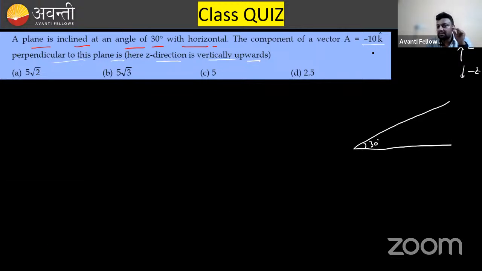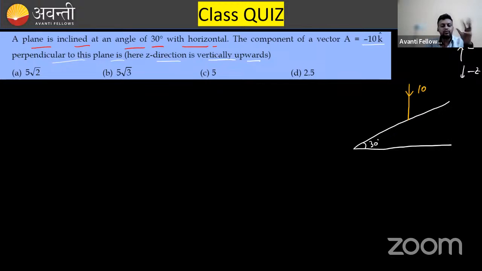So there is a vector 10 k cap. K cap means z direction. So there is a vector like this, which has a magnitude of 10. Minus k cap is the direction, which means downward. So now you have to take the components of this vector. You have to take the component of this vector perpendicular to this plane. So I will help you again.